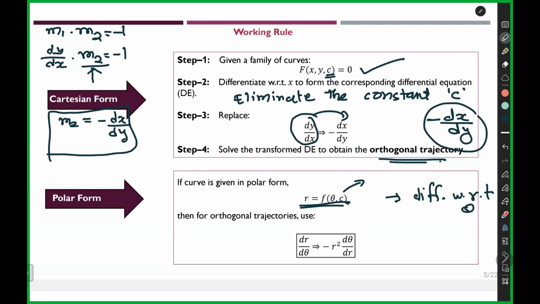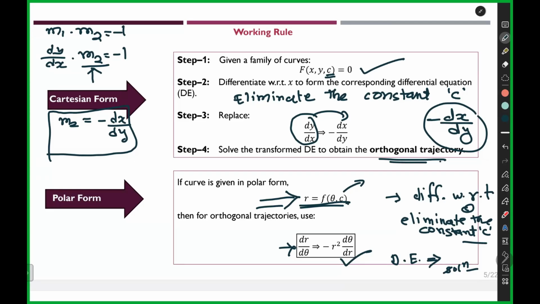Then we eliminate the constant c, and we replace dr by d theta with minus of r square d theta by dr. Whatever differential equation we get, we simply integrate and find the solution, which is the new family of curves, nothing but the orthogonal trajectory with respect to the given curve.